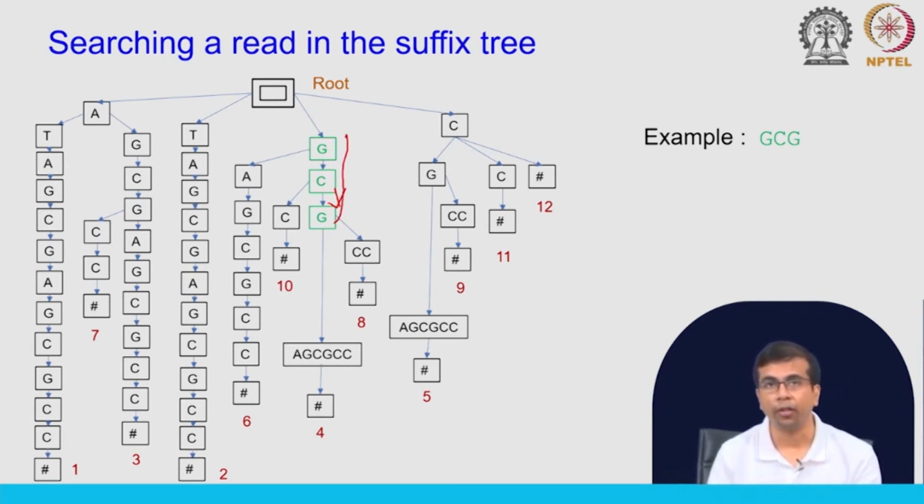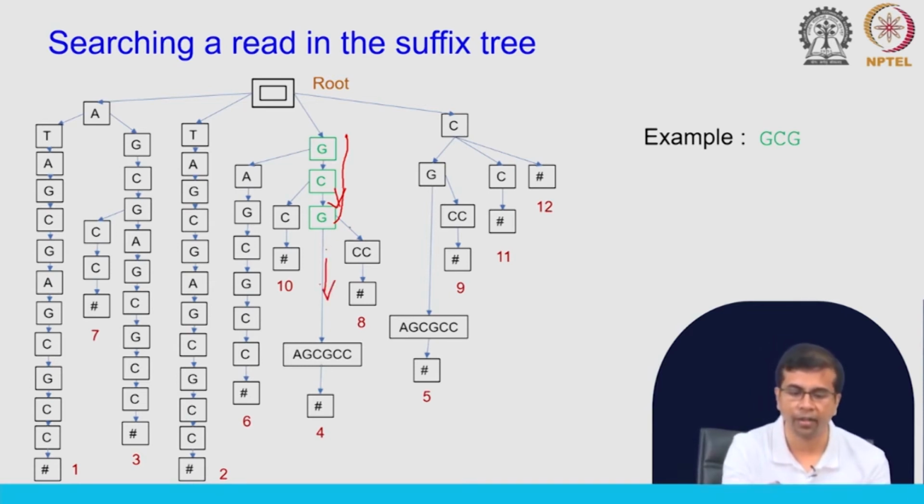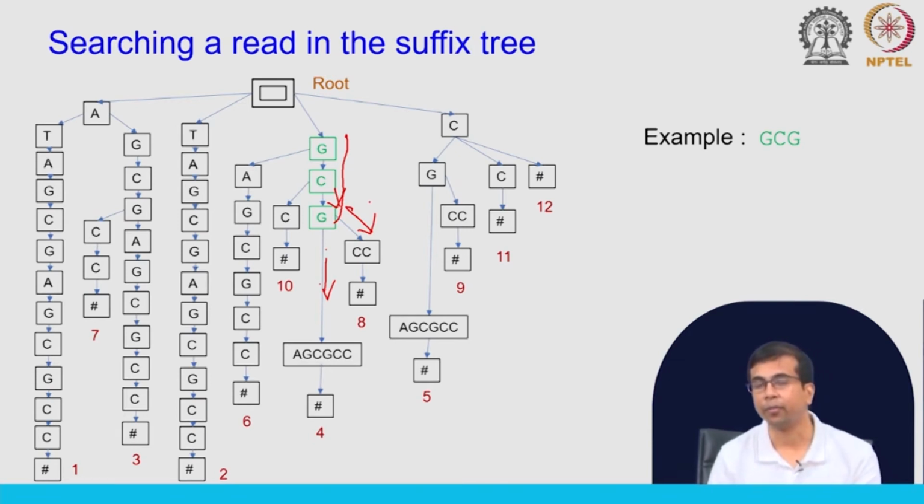What about the location? One of the things you see is that this is part of two paths. We have one path going in this direction, another path going in this direction, and they are located in two different positions in the reference string. What it means is that this sequence is repeated in the reference sequence, and when you construct the tree, they overlap with each other because of the structure.